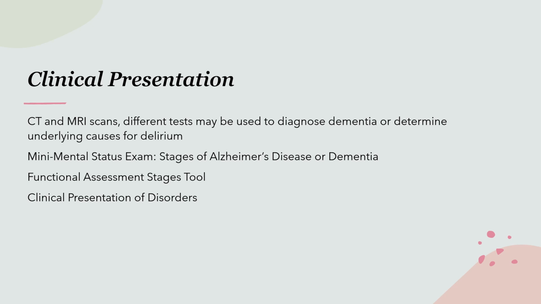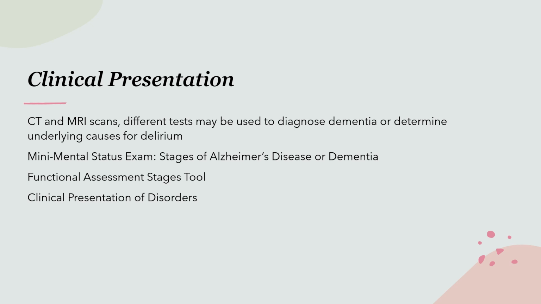So stage 1, we're going to have slight short-term memory and visual impairments, difficulty finding words, glucose metabolism is going to be slowed. We're going to have impairment of smell and blood flow to certain parts of the brain. And clients are going to function well, but can easily decompensate.